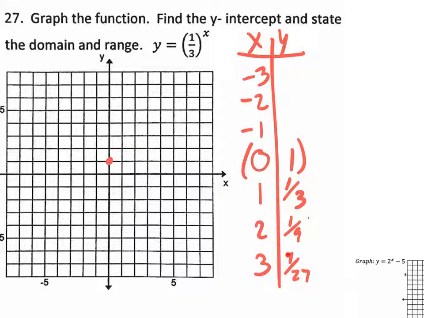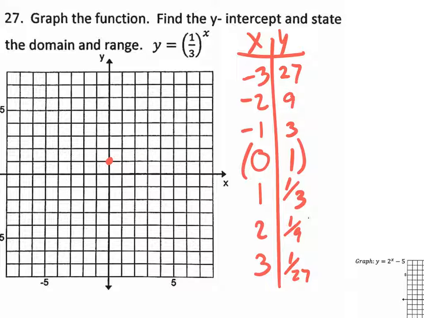In other words, 1/27th times 3 is 3/27ths, which reduces down to 1/9. 1/9 times 3 is 3/9ths, which reduces down to 1/3. 1/3 times 3 is 3/3, which reduces down to 1. 1 times 3 is 3, and then 3 times 3 is 9, and 9 times 3 is 27. So we have all the coordinates that we need.